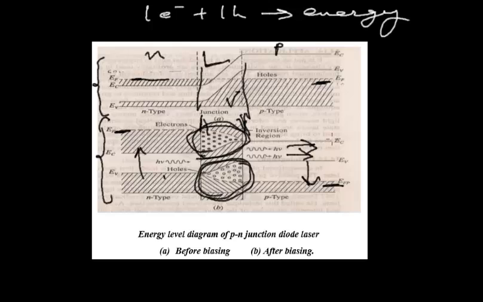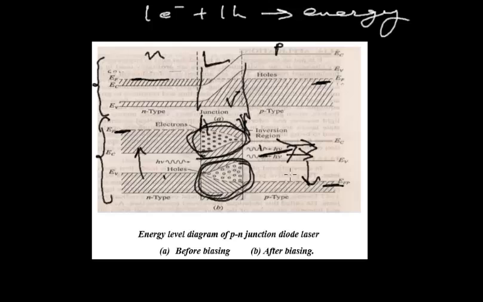So due to electron hole recombination, we get stimulated emission afterwards, and this stimulated emission is triggered by the photons emitted by the recombination.